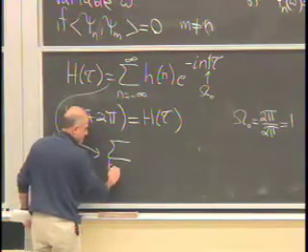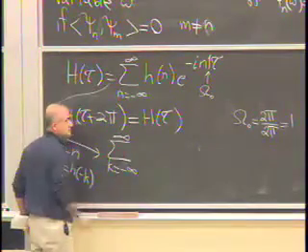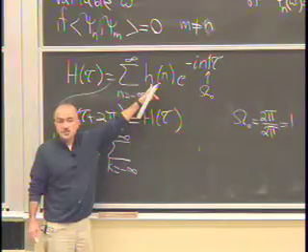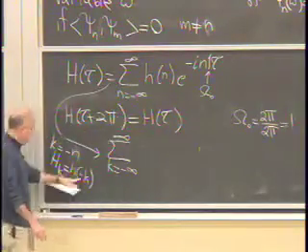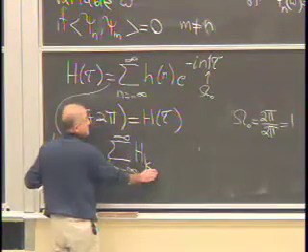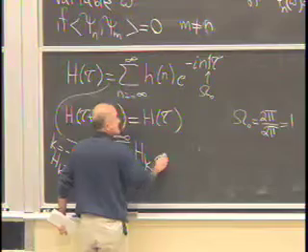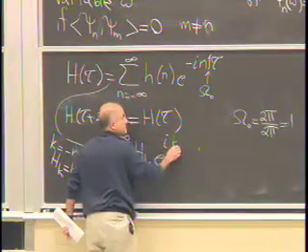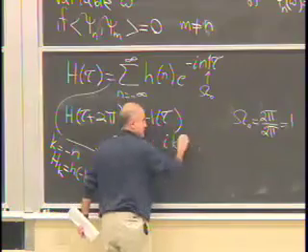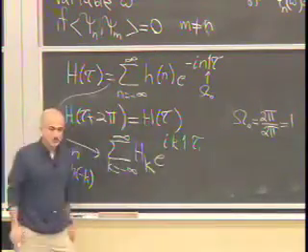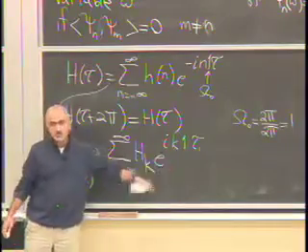I have a summation over all k. This becomes what? H of negative k, which I'm defining as h sub k, capital. And then what do I have in the exponent? The minus n is k. Omega naught is 1. And I have tau. That looks like a Fourier series to me.